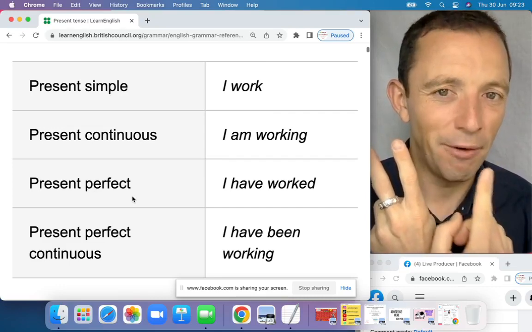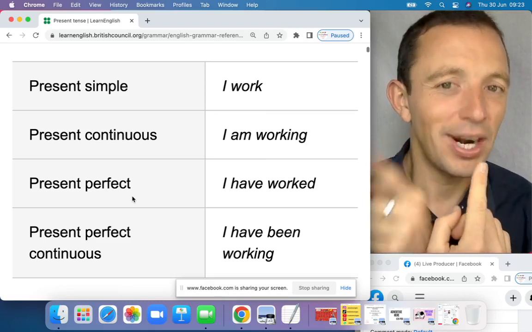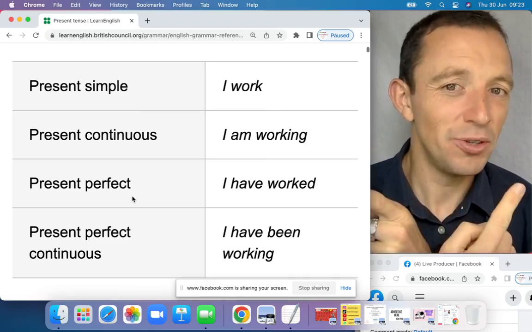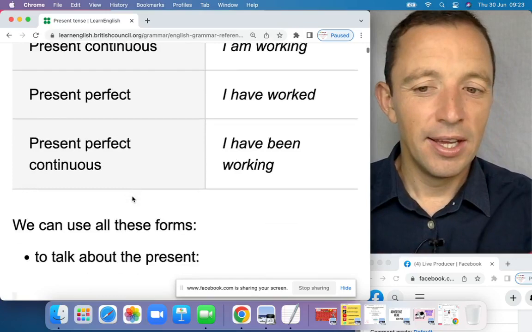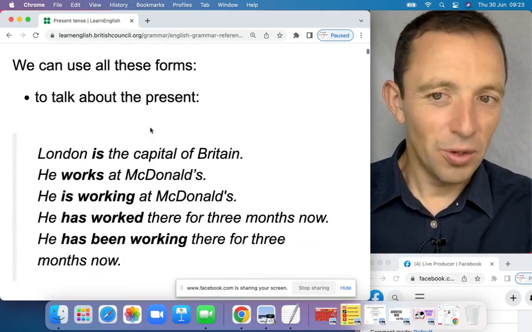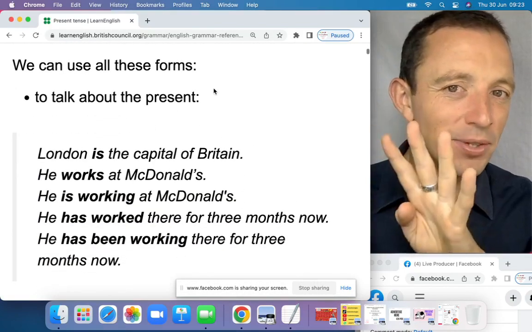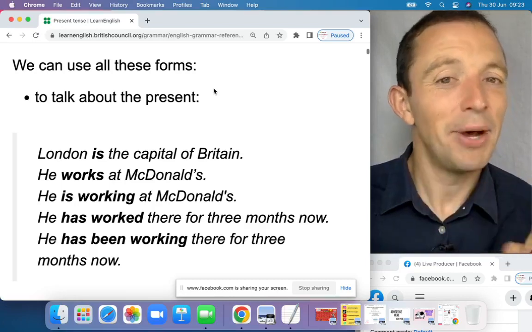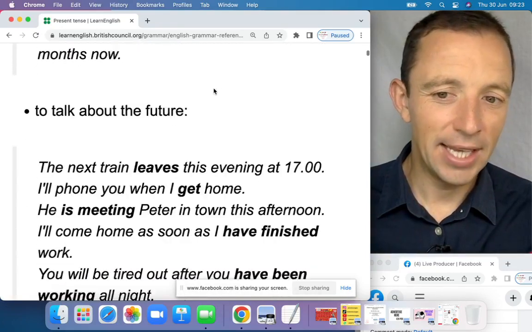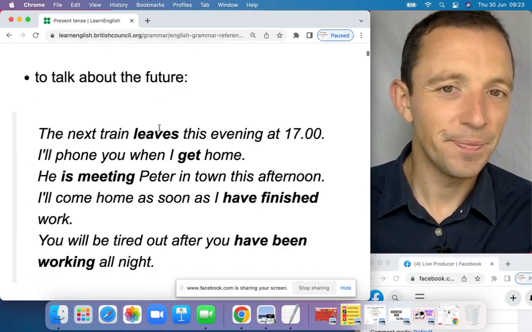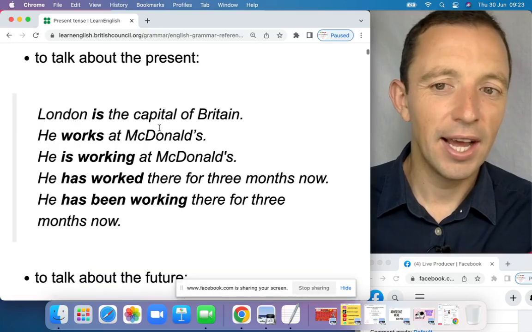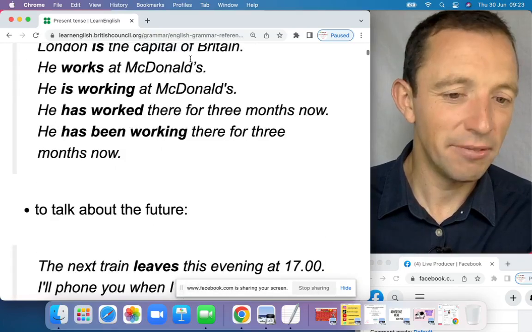It's a modal form. Or we can use the present tense also to speak about the future. Also, we can use these verb forms in the present to speak about the present and the future.